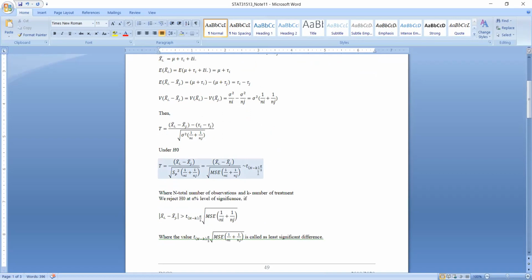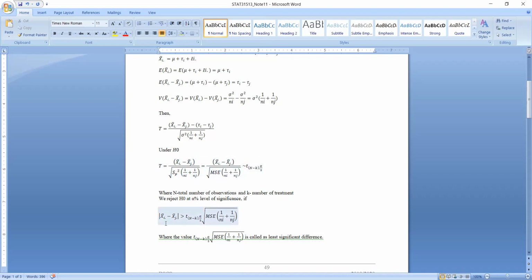So if you are comparing any two different treatments, first you have to find their treatment means, calculate the difference between the treatment means, and take the absolute value. Then you have to calculate this test statistic.